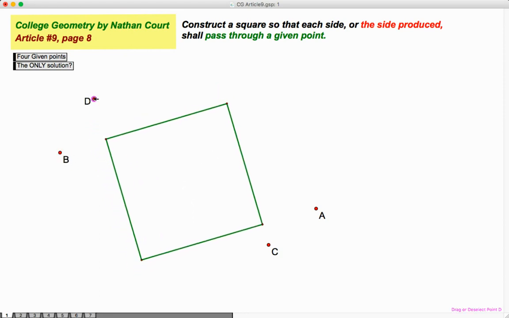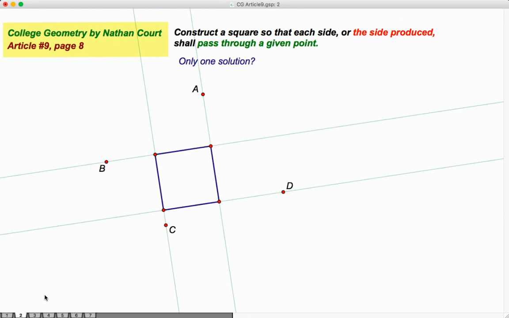And so in this particular solution, these 4 points are located on the extension side of the square, or the side produced of the square. Very cute. So here I extended the lines, the sides of the square, so that we visualize the sides of it.